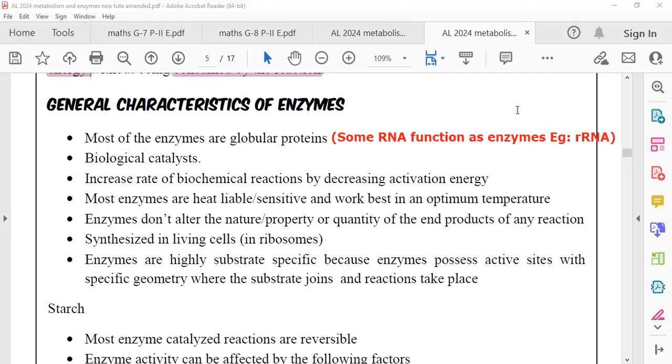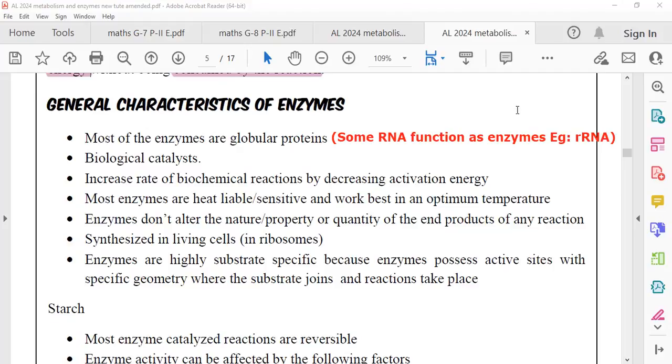So although we point out RNA can work as an enzyme, throughout the whole syllabus, all the enzymes we study are proteins. We don't study any RNA enzyme. Understood?